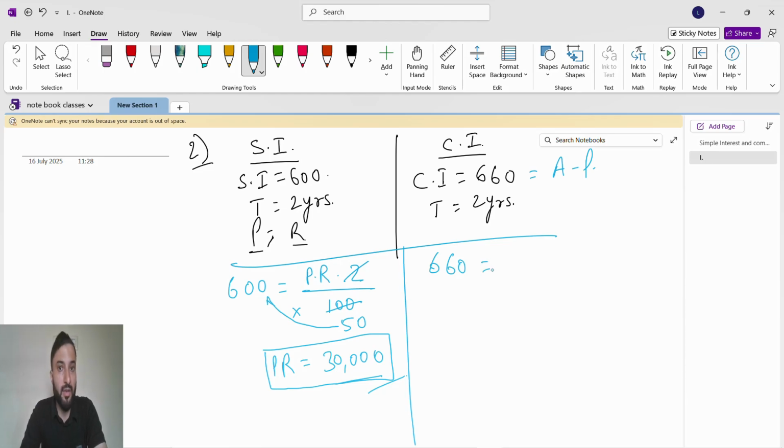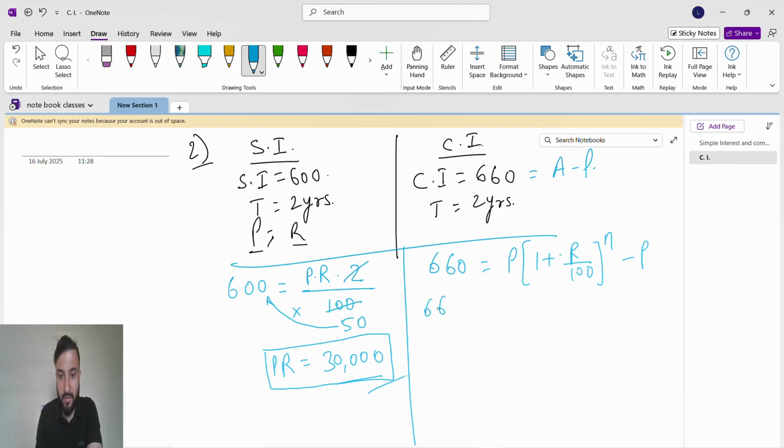Now a very important thing: if in compound interest they do not mention whether it is compounded annually, quarterly, or half yearly, what do we take? We take it as compounded annually. The amount uses the formula P into 1 plus R by 100 whole power n, minus P.